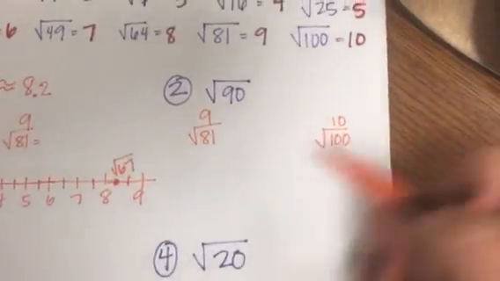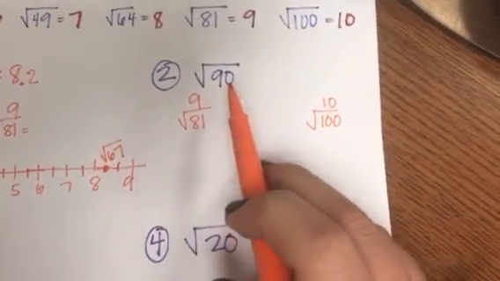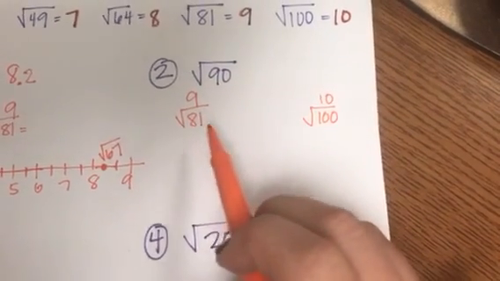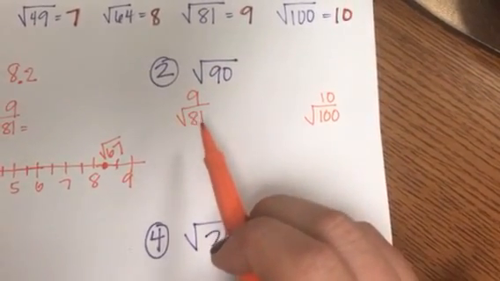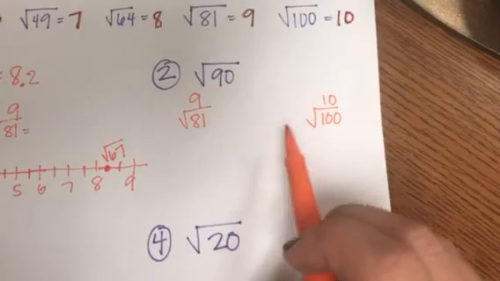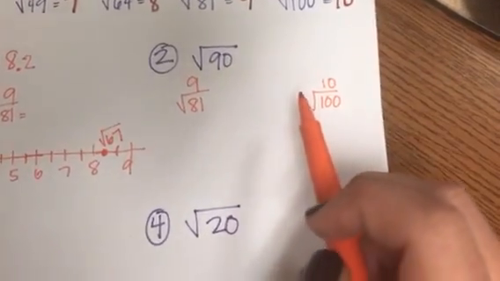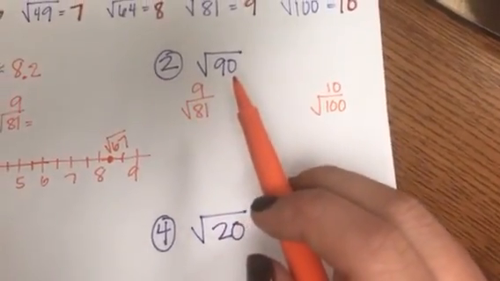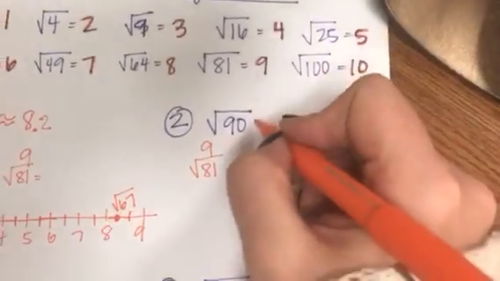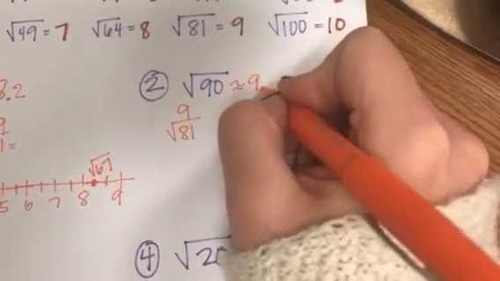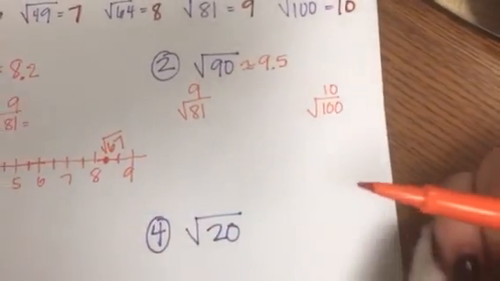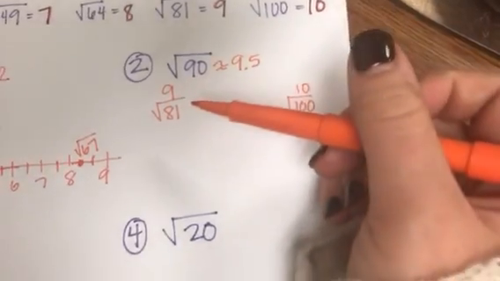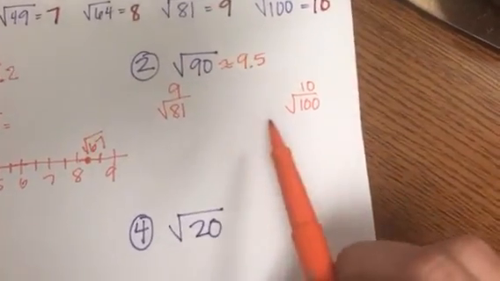Now this one's a little more difficult because the square root of 90 is only 9 away from 81, and it is 10 away from 100. So I would say that the square root of 90 would be closer to about 9.5 because it's right in that halfway mark. It's not exactly one way or the other.